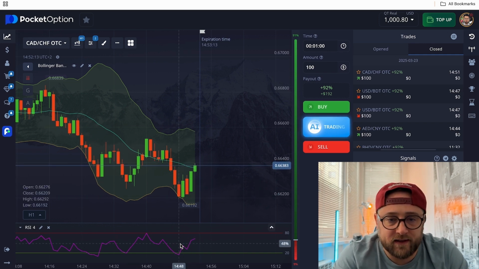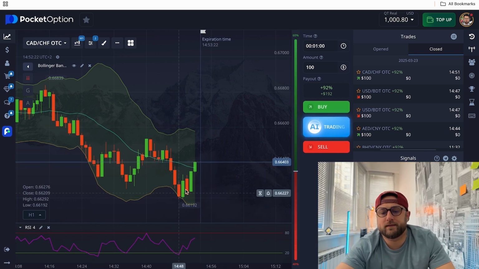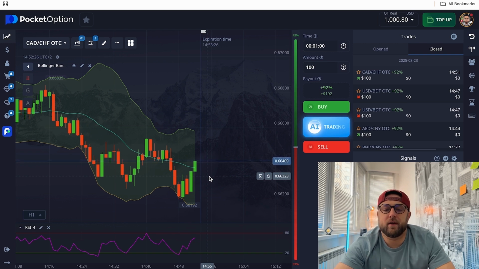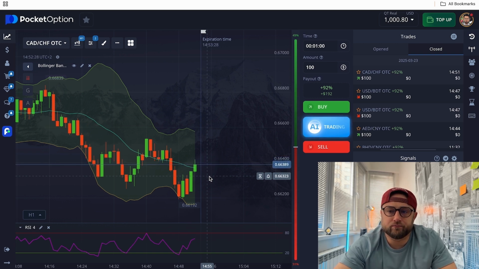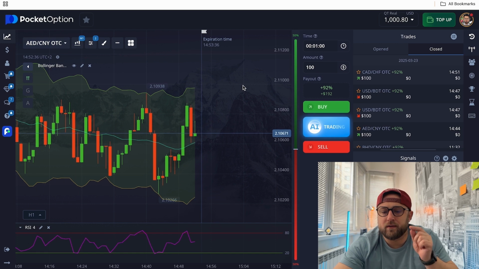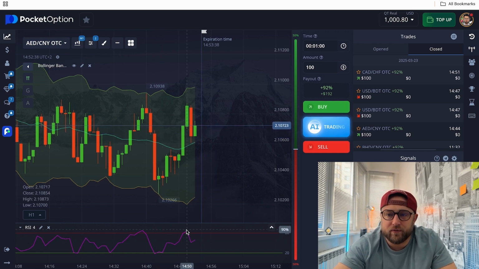And let's check the pairs. Okay, let's see what we got here. Remember, we need a pair with a clear breakout, a solid signal on both indicators. That's what we're looking for. Quick reminder, I'm growing this account from just $100.